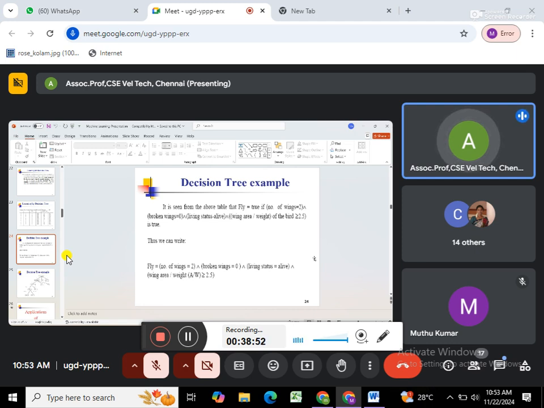And the living status of the bird is also to be alive, because a dead bird cannot fly. Living status also alive. And one more parameter we are adding: all these are positive, but if the wing area by weight of the bird is not greater than 2.5, then we have to state that fly is not possible. Only if it is greater than 2.5 can we conclude it is positive, it can fly.